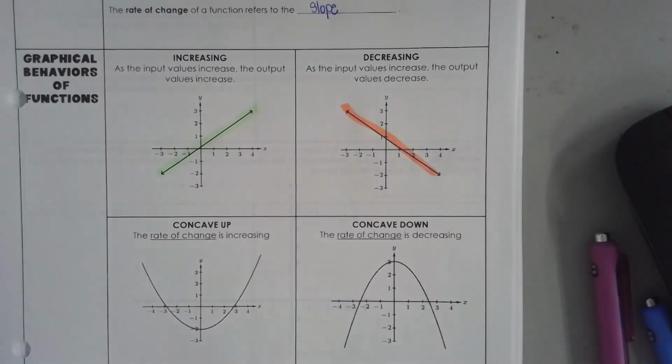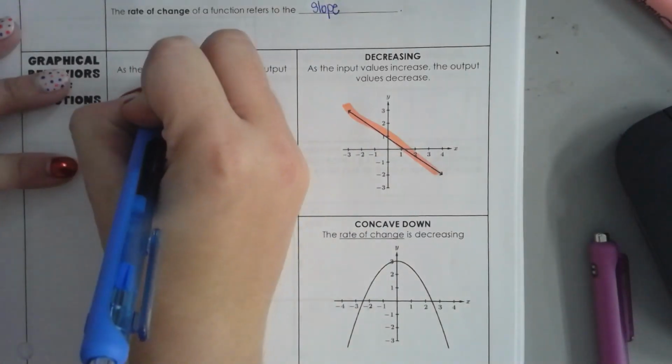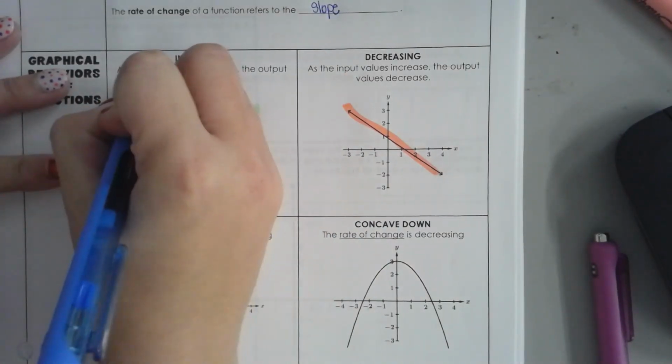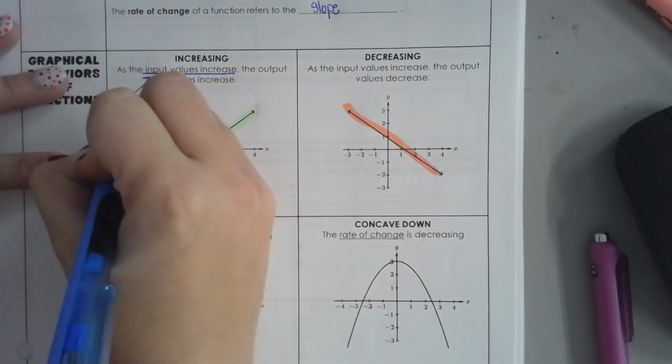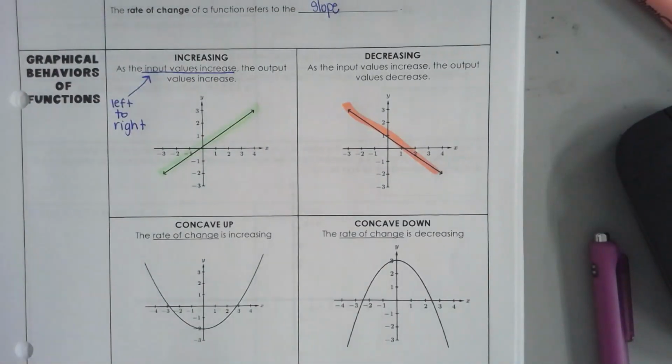So as you move from left to right, we always read left to right. So when it says as the input values increase, that just means left to right. So if we're going from left towards the right, that's just what that means.